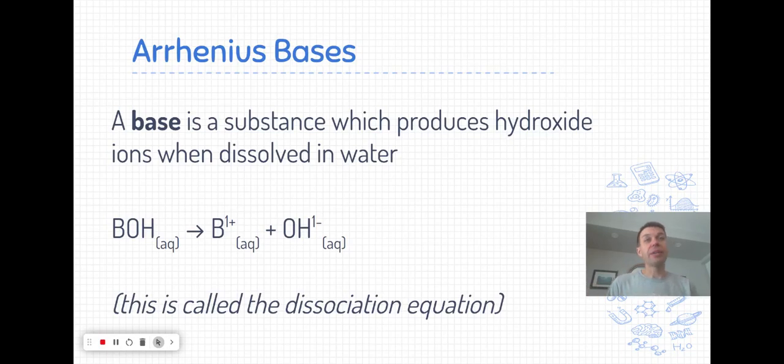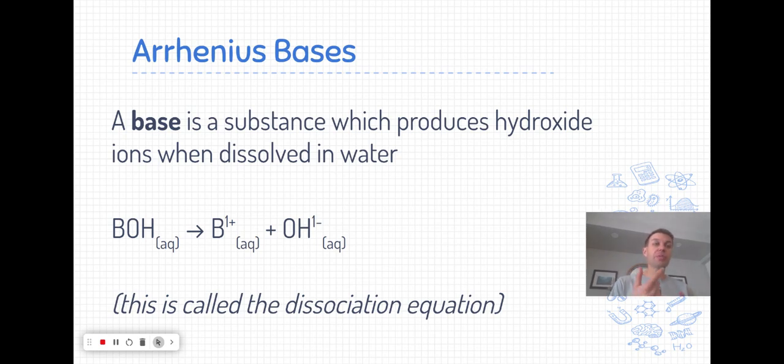The Arrhenius theory has a similar definition for bases. A base is a substance which produces hydroxide ions when dissolved in water. This dissociation equation shows the production of the hydroxide ions from the undissociated base. So according to the Arrhenius theory, acids and bases occur in aqueous solutions when they are dissolved in water.